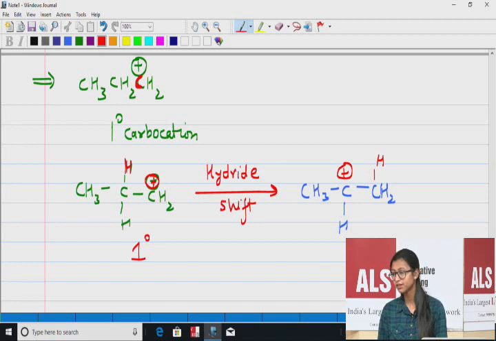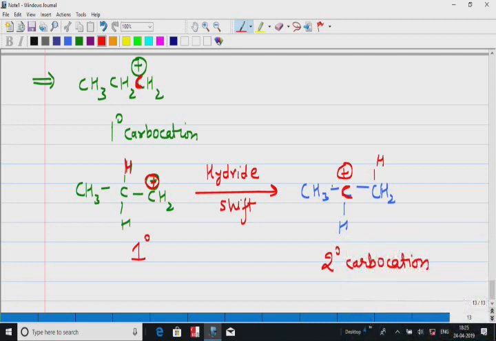It's the 2 degree, right? You are correct. It is a 2 degree carbocation. Everybody got it? Why is this 2 degree? Because this center carbon which is having the positive charge is attached with 2 carbons.